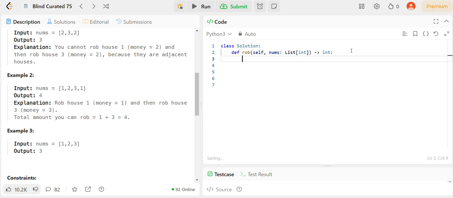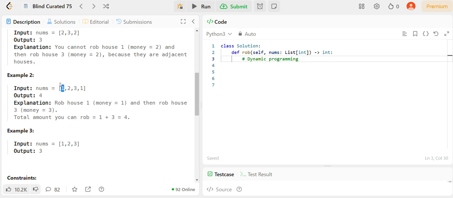I think this is a topic about dynamic programming, since we have to make a decision depending on the previous decision. In this case, the decision depends on the current house and the last one.